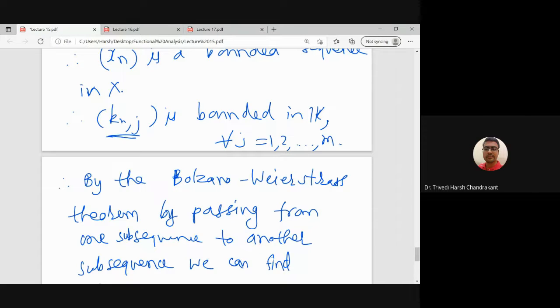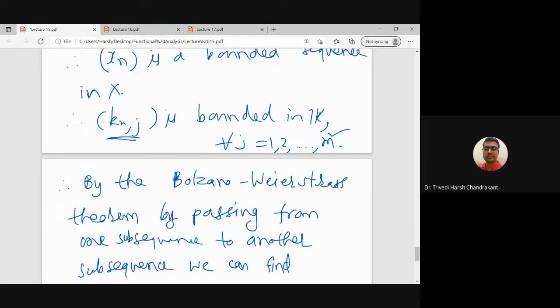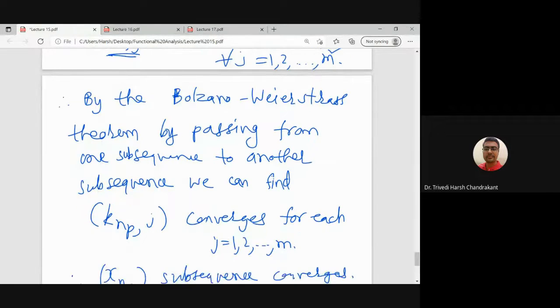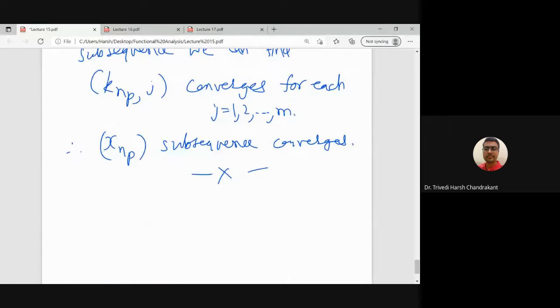The Bolzano-Weierstrass theorem says that if you have a bounded sequence of scalars, either real numbers or complex numbers, then it always has a convergent subsequence. Now these are m sequences: kn1, kn2, ..., knm. If we apply the Bolzano-Weierstrass theorem, for j equals 1 we get a subsequence.